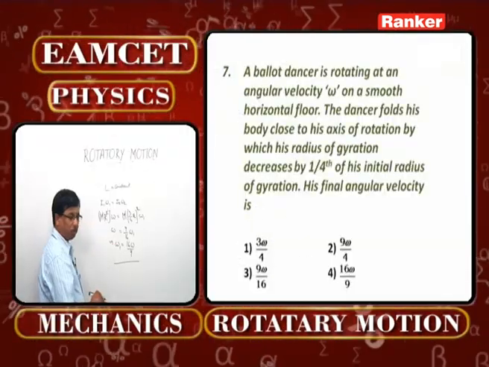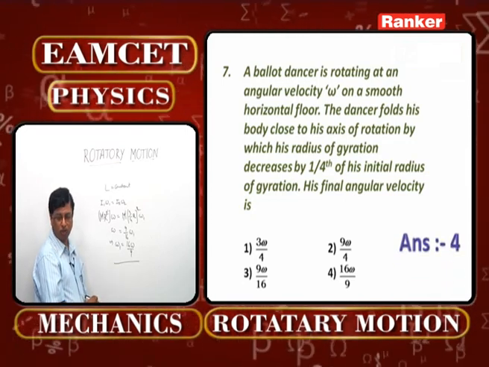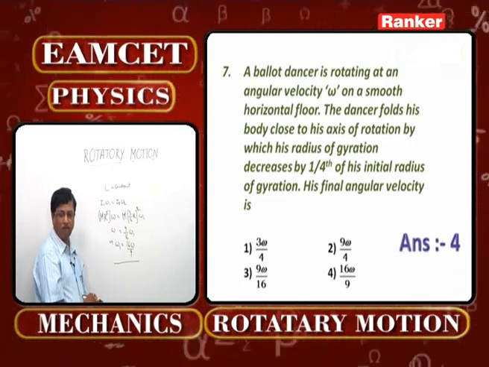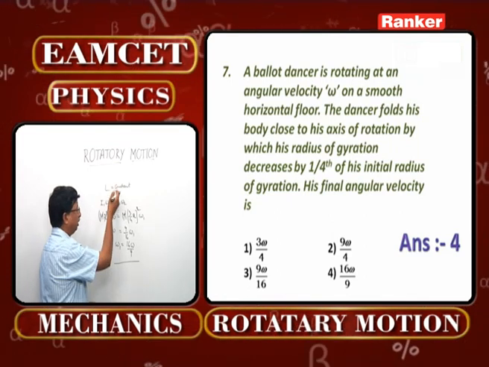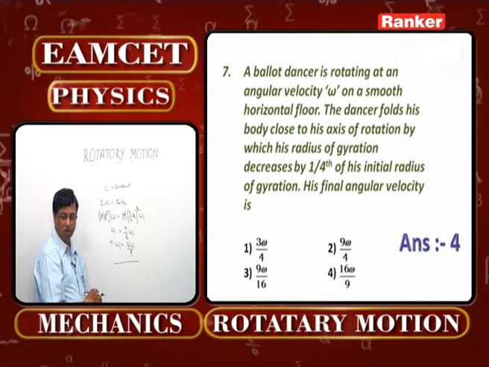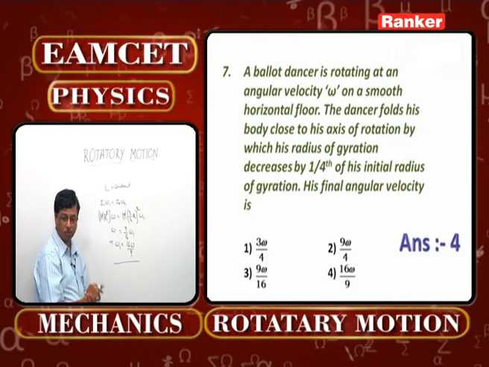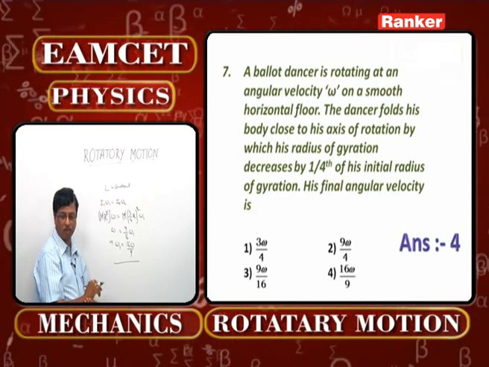That means what is the correct option? You just pick up there. The fourth option is going to be the correct option for us. 16 omega by 9 will now be the valid answer. Only point to be noted in this particular problem is decreases by 1/4, not decreases to 1/4. Remember the wording difference over here, please.